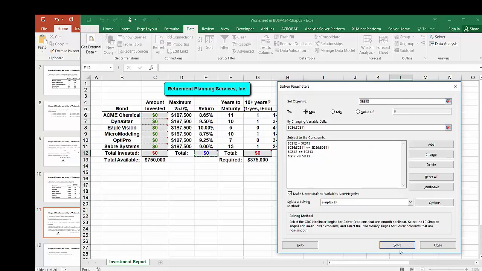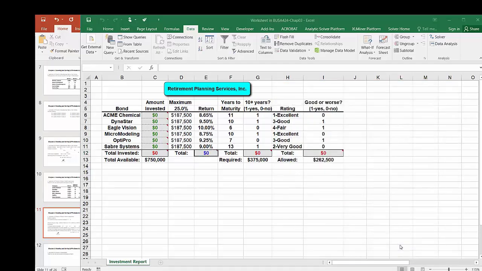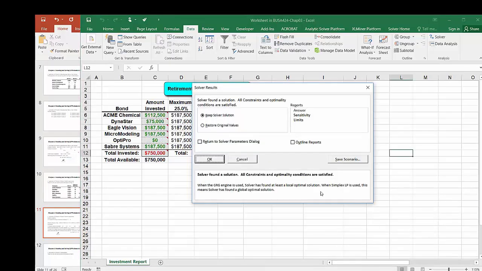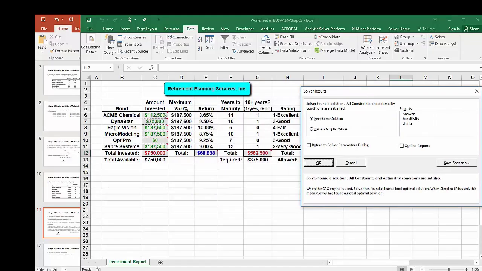So I just added that. Let's run the model again, and you see this is the solution for the example. Whenever we solve the model, the total investment is exactly the same as the money we have, and this value shows the investment that we have made in each of the assets.